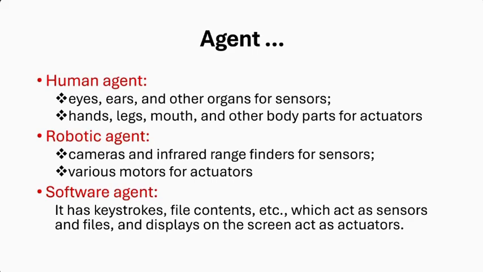Notice the words sensors and actuators. Basically, they are the input devices and output devices na ikino-connect natin sa machine. Kung human agent siya, so therefore the AI has eyes and ears and other organs. That is the input. Or it could have hands, legs, mouth, or other body parts as output devices.